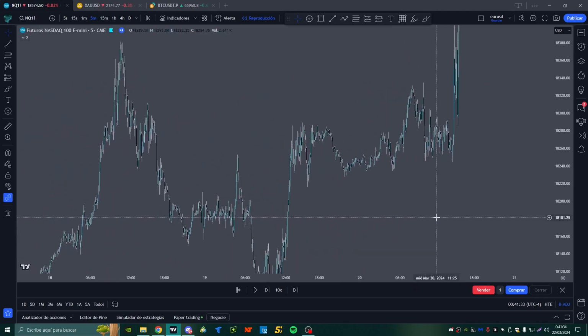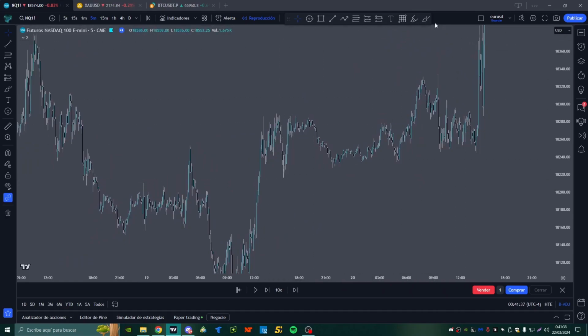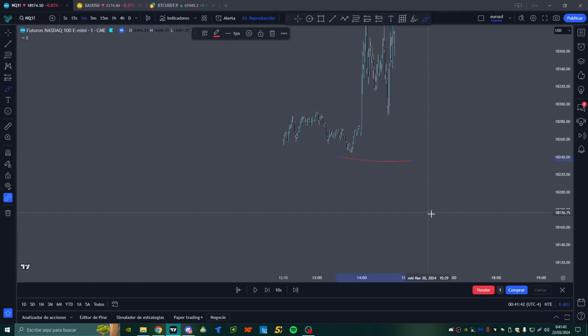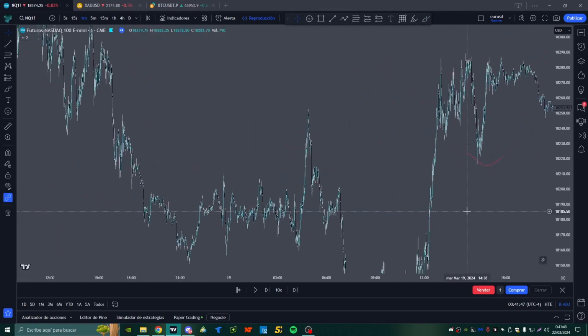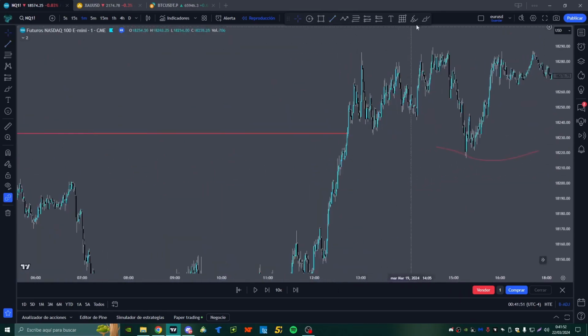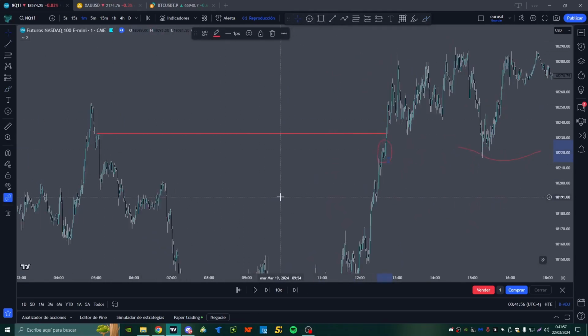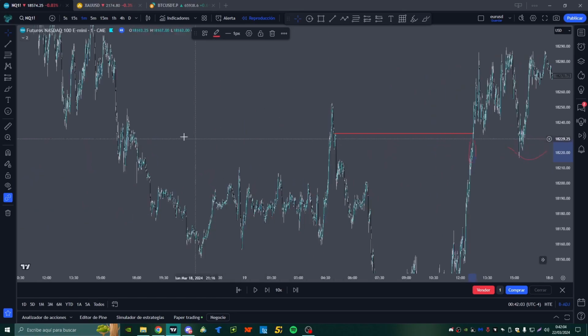Now, what we had previously, we came from this positioning that the price was doing around here, due to this that I have repeated to you so much. This responsible was responsible for breaking another, and this was responsible for breaking this other one that had broken another one here.